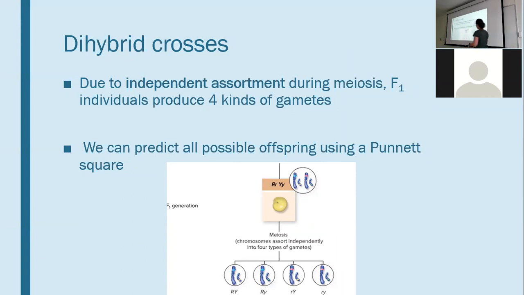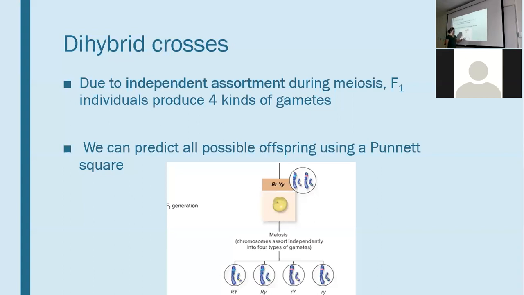So this heterozygous individual could make gametes that have a big R and a big Y, a big R and a little y, a little r and a big Y, or a little r and a little y. Those are the 4 combinations you could get in gamete formation. So we have these 4 genotype options of the gametes that this individual could produce.